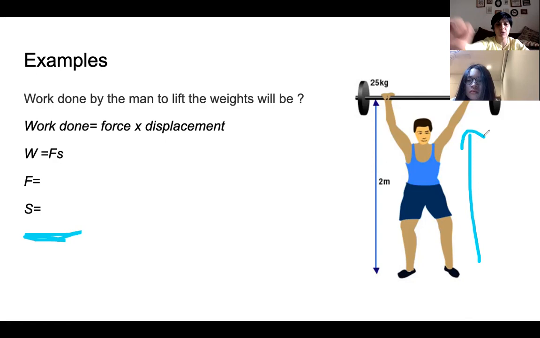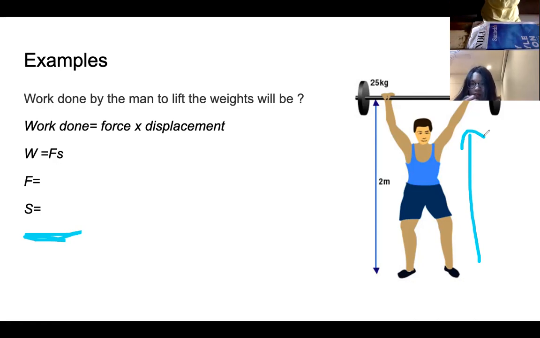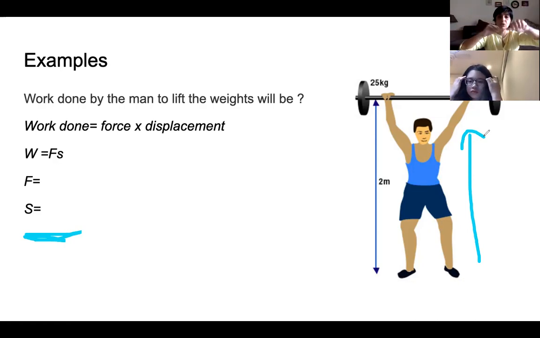They are kept on the floor. Now I lift it up. I am applying force, and I applied force in the direction which was upwards. And the weights also moved in upward direction. So this is a clear case in which both the directions are same, and we can calculate work. Now, how much was the displacement here?